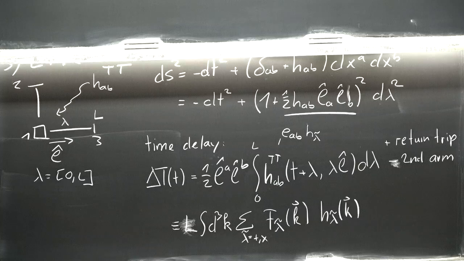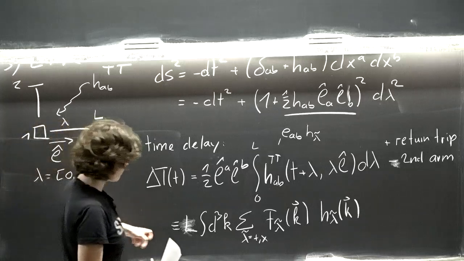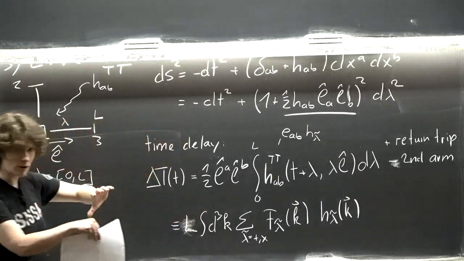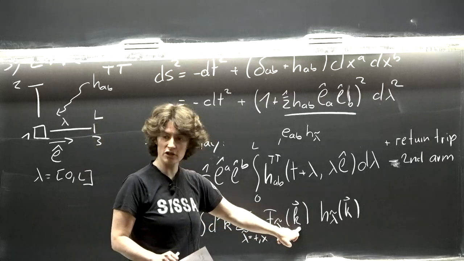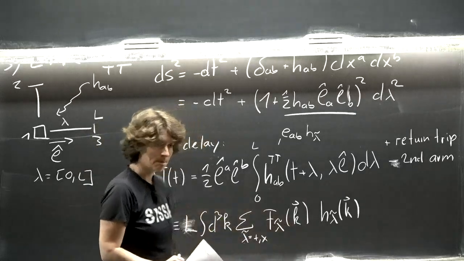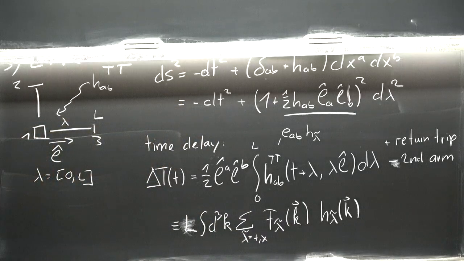It should just depend on the angle between k and e hat, right? It depends, yeah, so exactly. It basically depends on the geometry of the detector relative to the direction of your gravitational wave, which is in k. So it basically describes what people call the antenna pattern of the detector, right?